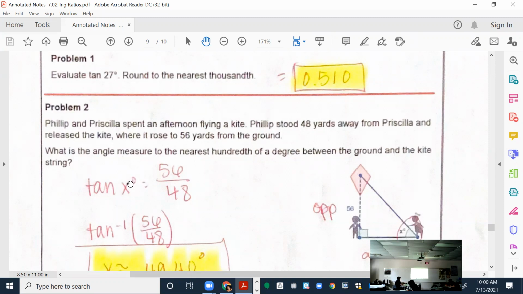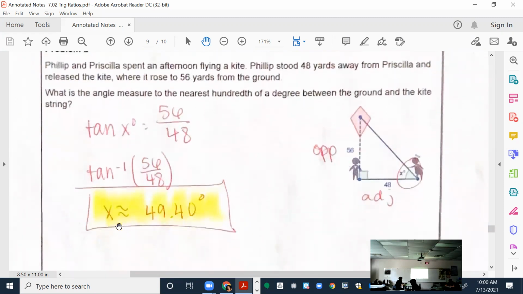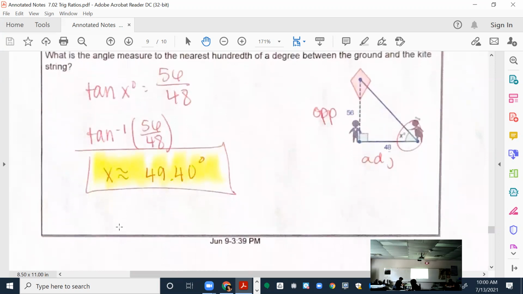But since we have the angle measure that is missing, you have to use the inverse of that, so tangent to the negative 1. Anytime you're solving for the angle measure, instead of the side length, do the inverse. Typing it in your calculator like that should have been about 49.4 degrees.